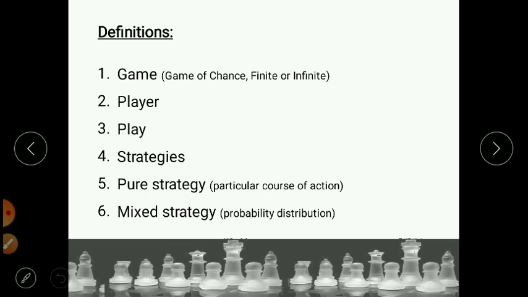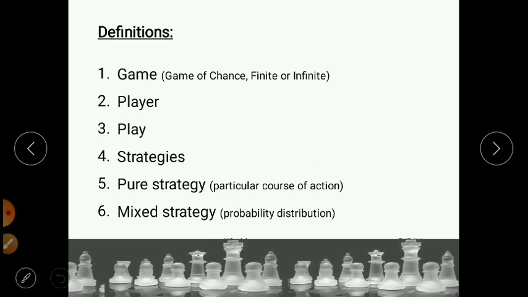Now, this can result in something positive, negative, or zero, which is called a gain. If the actions in a game are determined by skill, for example in the game of chess itself, then it is called a game of strategy. Any game which involves skill can be called a game of strategy. If they are determined by chance, it is termed a game of chance.